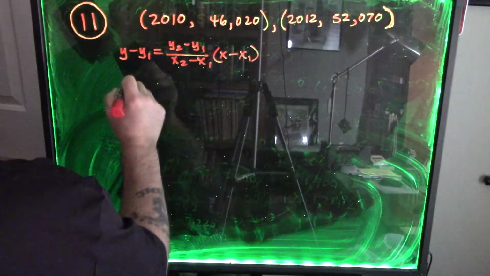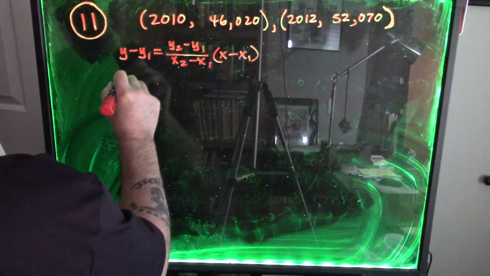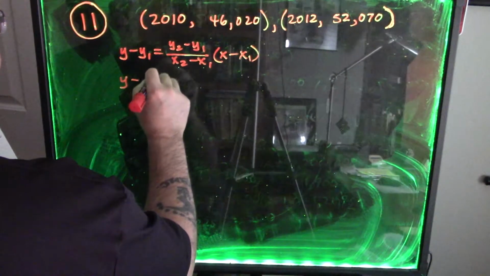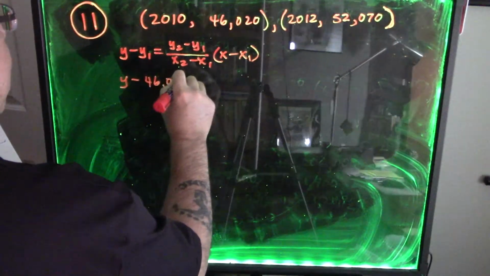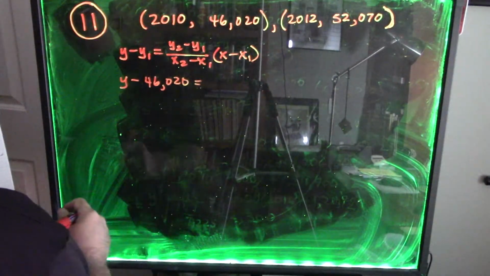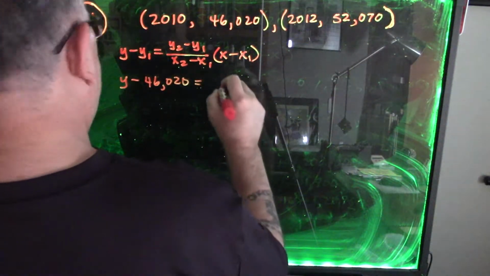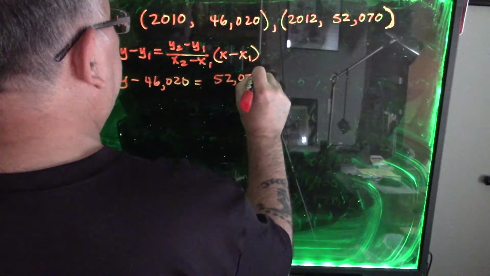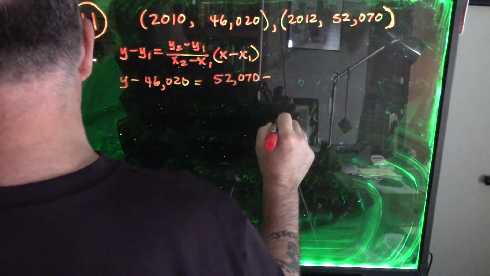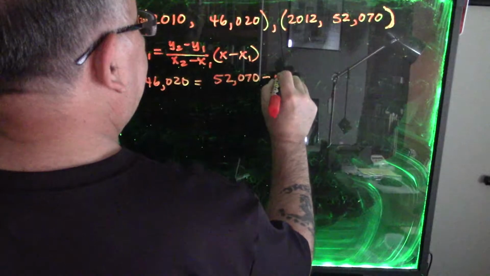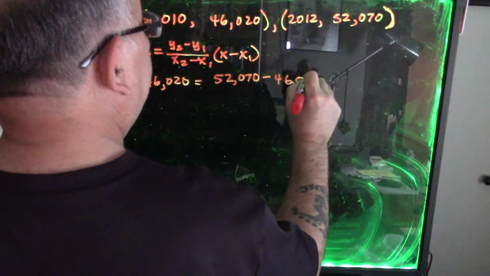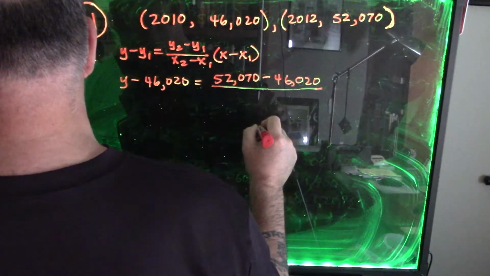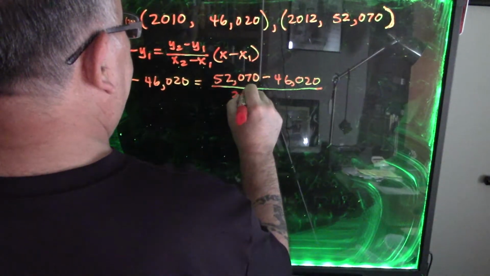Alright, so we've got y minus 46,020 equals 52,070 minus 46,020, all over 2012 minus 2010.